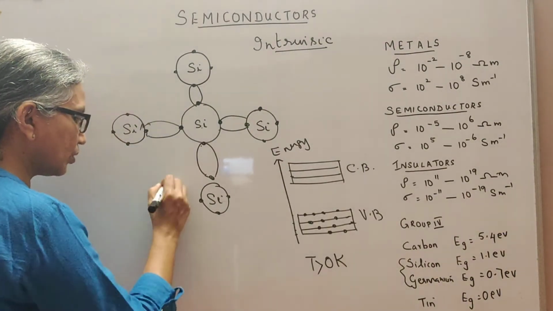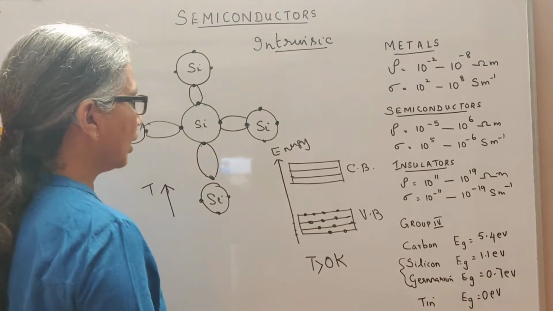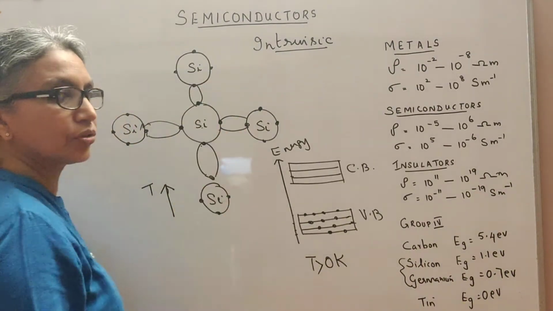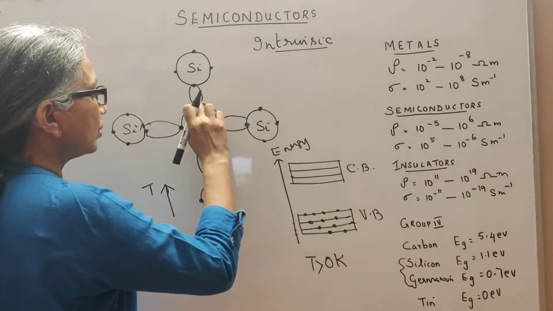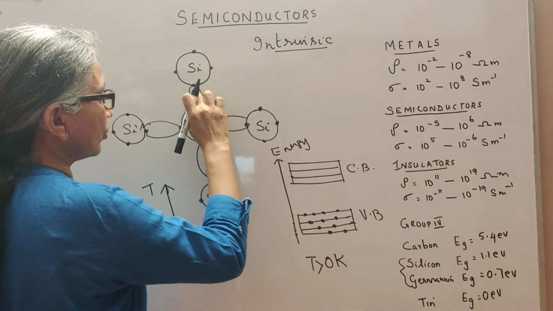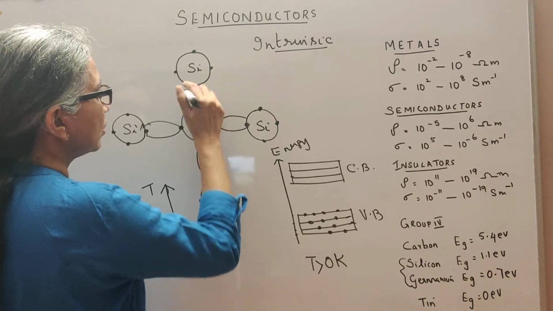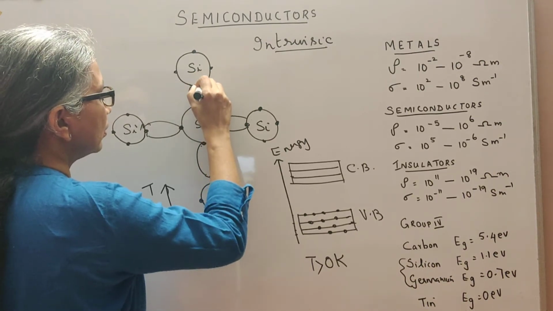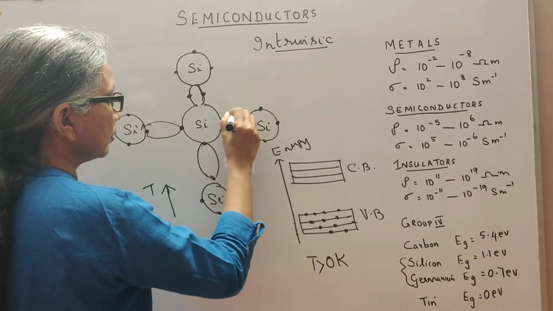So we have now supplied some temperature greater than 0 Kelvin, and some of these bonded electrons get enough energy to break free. Let me draw these bound electrons here.